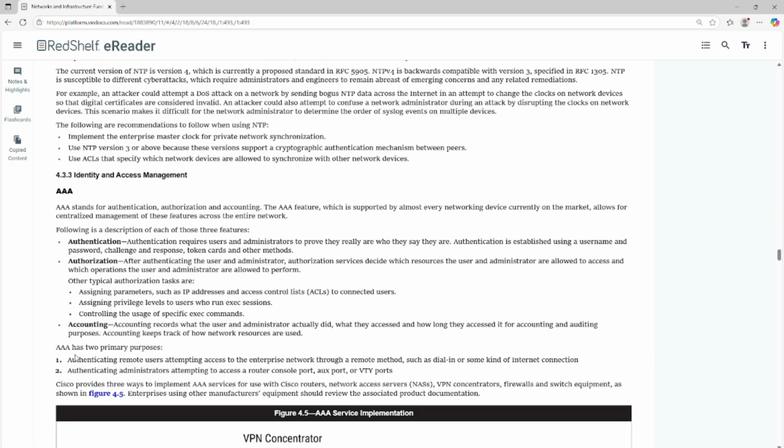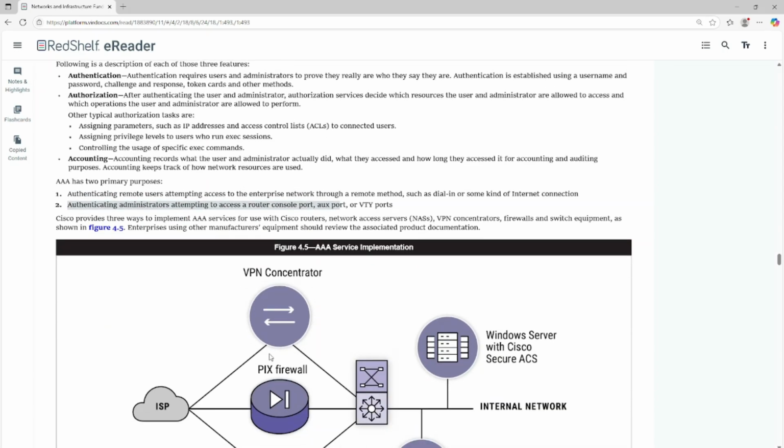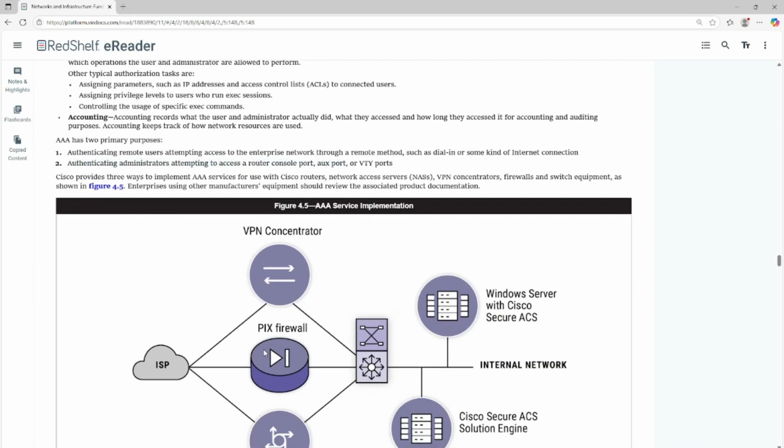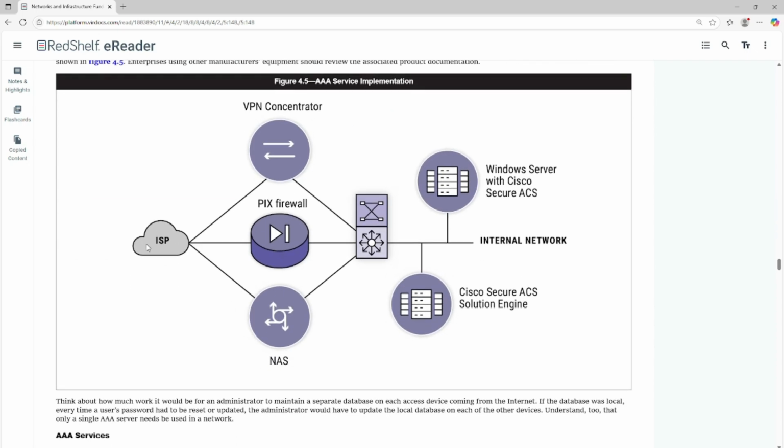Here it says AAA has two primary purposes: authenticate remote users attempting access to the enterprise network, and authenticate administrators attempting to access the router console. So the diagram in figure 4.5 shows an AAA service implementation. Like I said, that's a service provider.